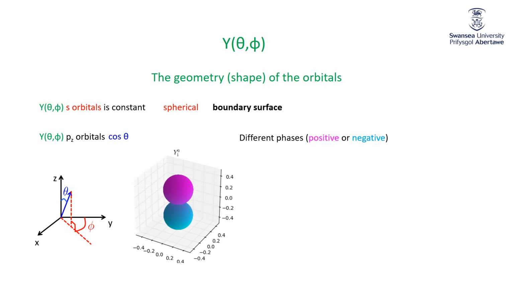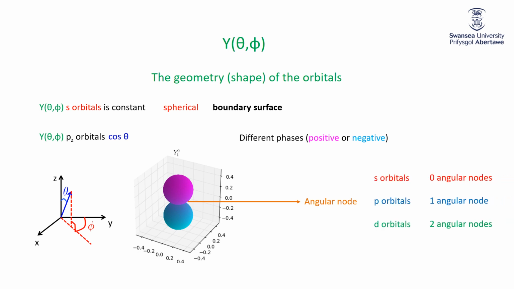And of course, I hope you're used to seeing it like this, two different colors. You might have plus, you might have minus in there. Notice that we have this point in the middle, 0. That's an angular node because it's a 0 point when we're looking at the angular part of the wave function. And of course, s orbitals have 0 angular nodes, p orbitals 1 angular node, and d orbitals 2 angular nodes.